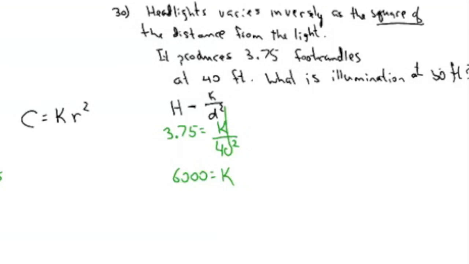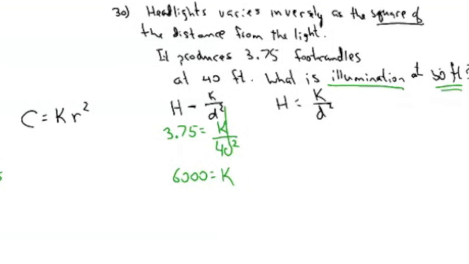Okay. Set up the second part of the problem. You write your formula down again. H is equal to K over D squared. And you plug in what you know for the second part of the problem. Do I know H? No, I don't, because that's what I'm looking for. Once you use the 3.75 and the 40, they are gone. What you have left is finding illumination when you're 50 feet away.